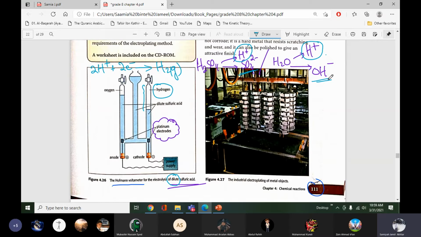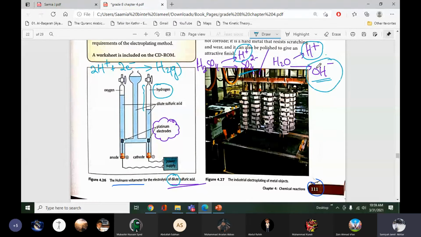In dilute solution, which thing is more, solvent or solute? Solvent is more. So water is more in quantity, so OH ions will also be more. So OH ions will go to anode and discharge.